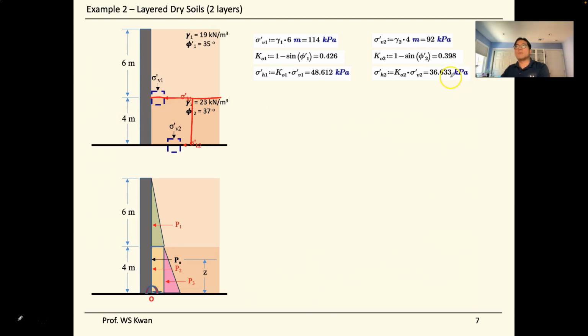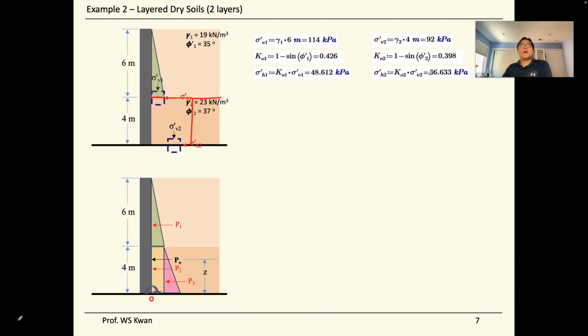So no surprise that we got a horizontal stress smaller than the one above it. This is dictated by how we draw the stress diagram. Once we find all the horizontal stresses and the vertical dimensions are given, we can draw the stress diagram.